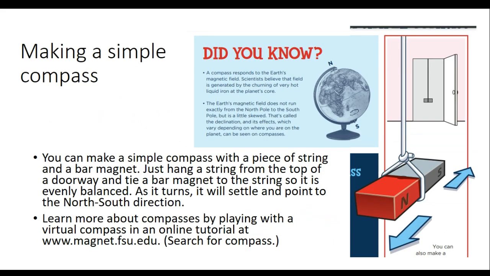We can make a simple compass, and you can try this at home if you wish to, by placing a piece of string around a bar magnet and hanging it from somewhere, possibly a doorway, or you could just hold it up. Because of the way that magnets point, when it settles, it will point to the north-south direction.